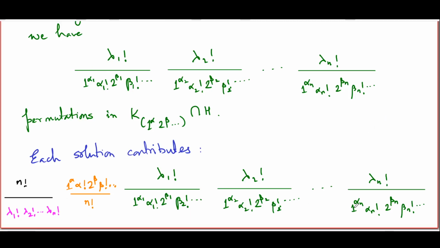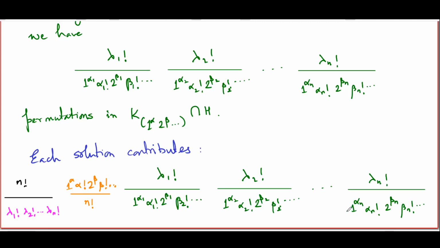This, by the way, is not H lambda or HL, simply because this is only the contribution for a particular solution set alpha 1, alpha 2, alpha n. We need to add this over all possible solutions to the constraints in order to get the final result that we need. That is the compound character for the class L as given by Frobenius' formula.